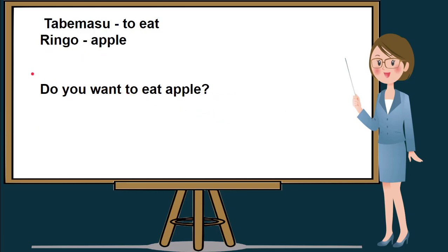We will try another exercise. This time, we will be using tabimasu, which is to eat, ringo, apple, but this time it will be an interrogative sentence.